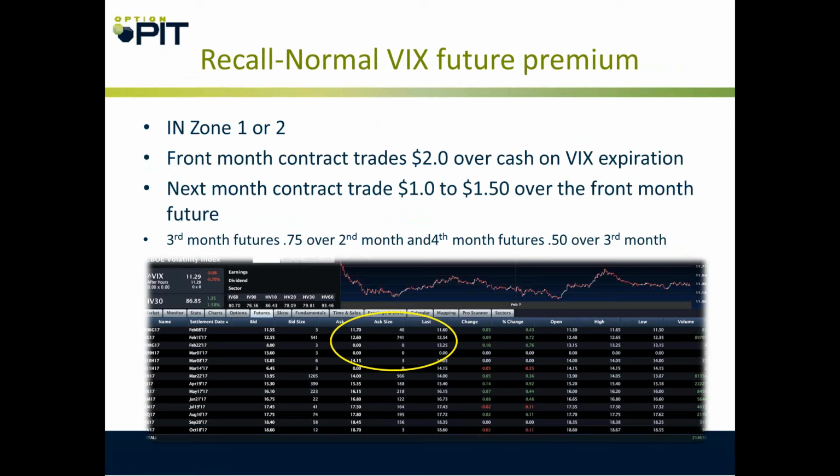So in zone 1 or zone 2, which is where we are, this was a question I just had. Normally, the key date for VIX futures is always what? Where does time start?